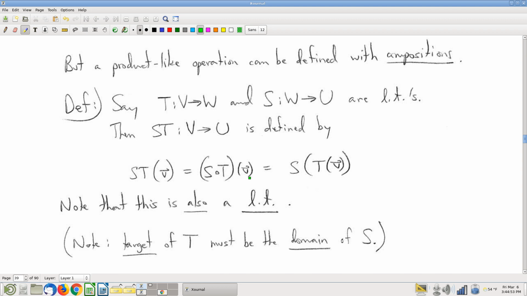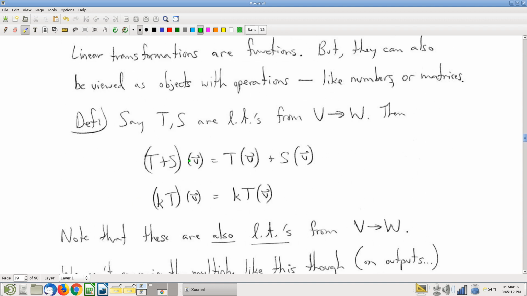Now a pretty good question comes up at this point: you can define whatever you want, it's a free country, right? But if I make this choice to define it with compositions, why would I call that a multiplication? You can see in this picture that it's reasonable to call this an addition, because it comes from an addition.